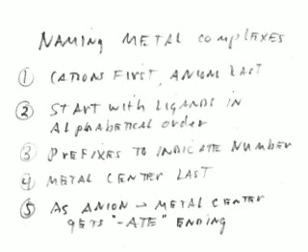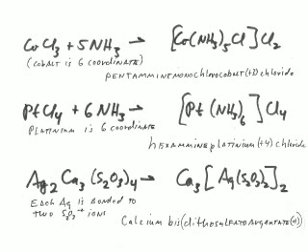Occasionally, the metal complex ends up being an anion, and in this case, the metal gets an ATE ending to indicate that it's part of an anion complex. And so to name our 3 compounds, the first one has ammonia, so it's amine.